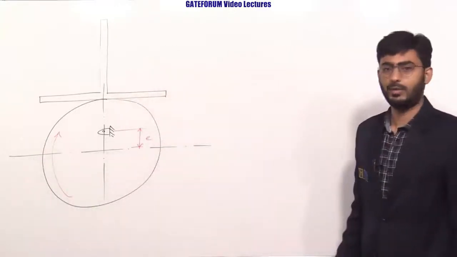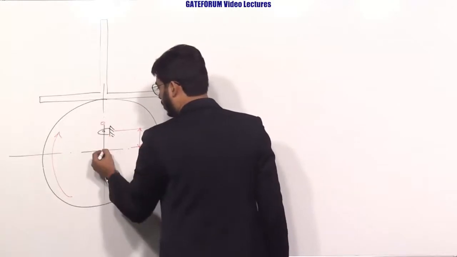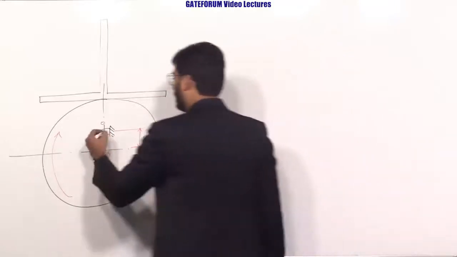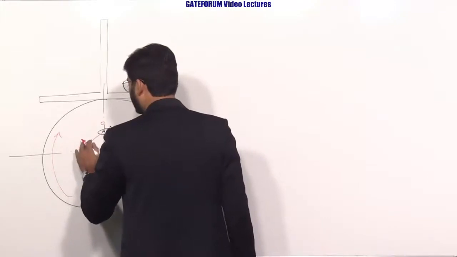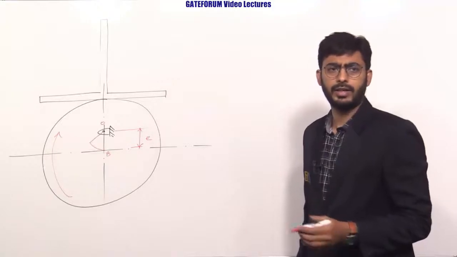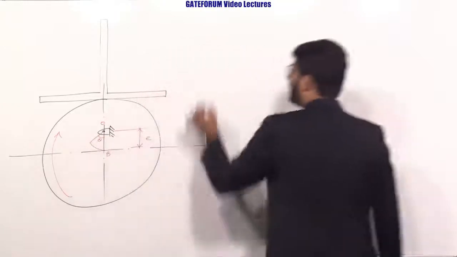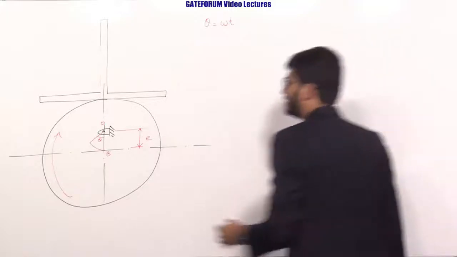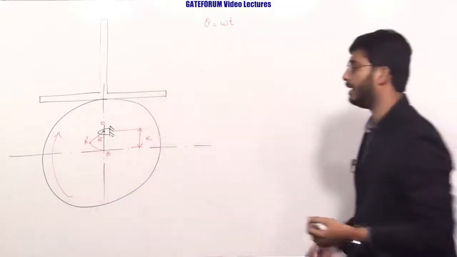Now this vector, let us say OB, will be rotated by some angle theta, where theta is equal to omega t. And this is the position of OB after theta rotation, OB dash.